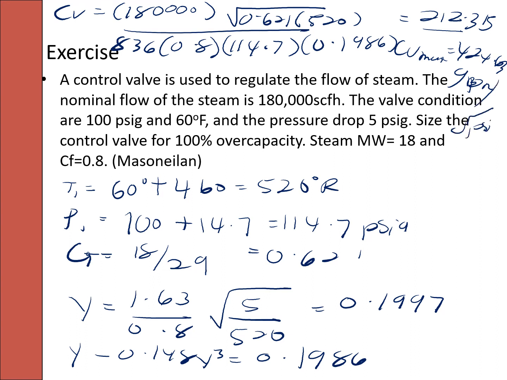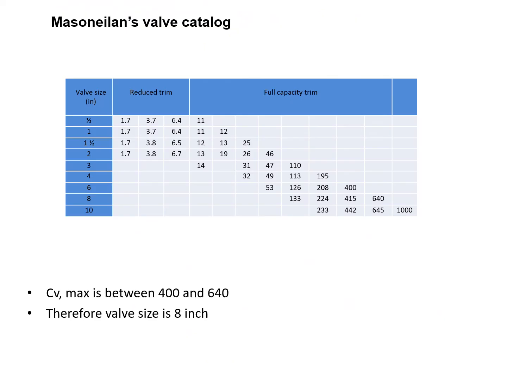Don't forget to write down the unit. So we can see that the value of CV max is around 424. Okay, so we do a sizing. We can see that the value is in between 400 and 640, so we choose the largest size, which is 8 inch.